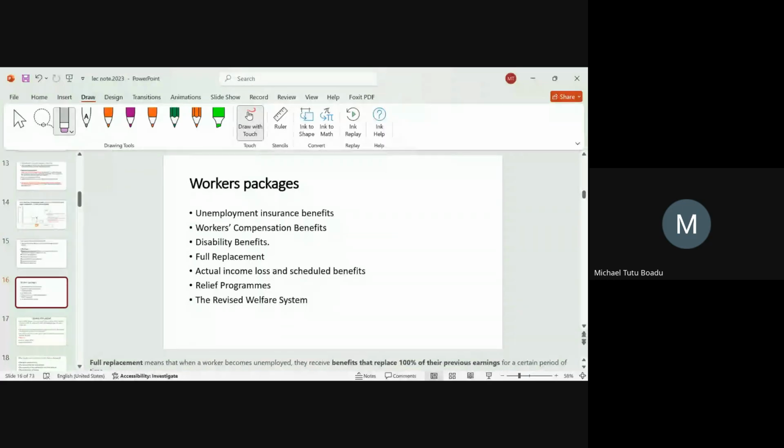You're working for them and you got injured. Stop work, stay home, we'll still pay you. This is full replacement. Then we have actual income loss and scheduled benefit.